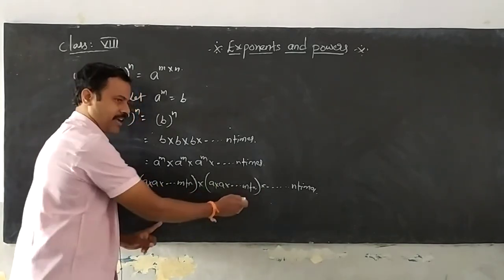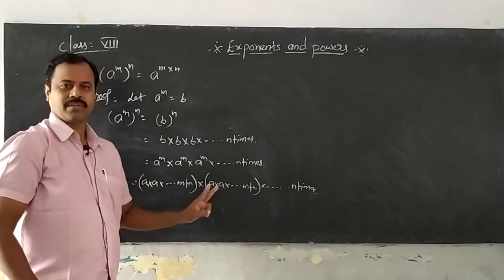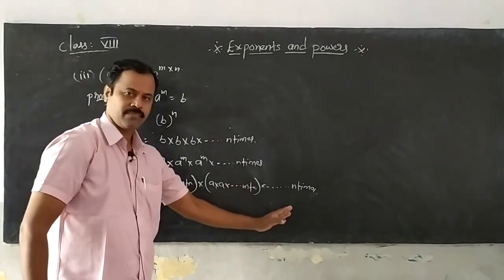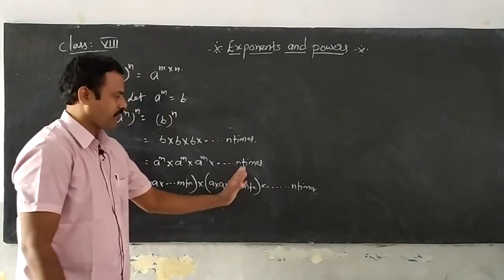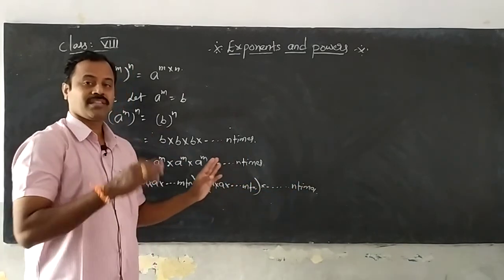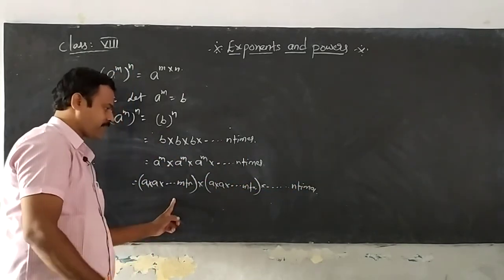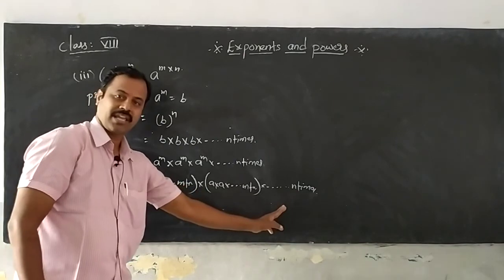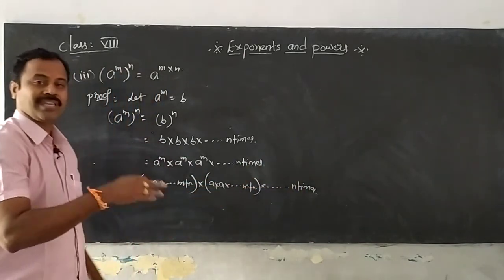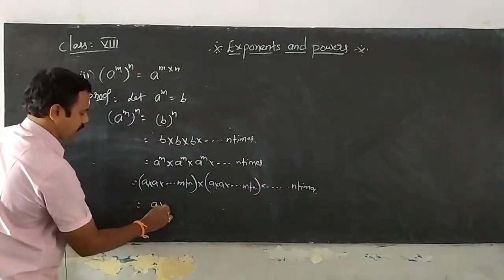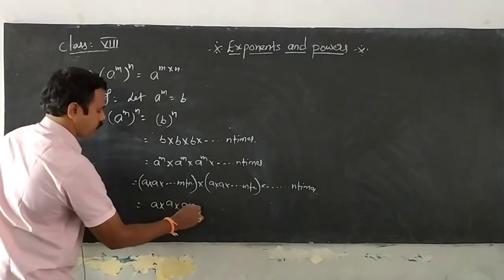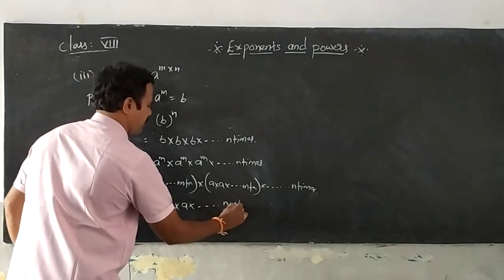So how many a's do I have? m plus m, 2m a's. Similarly, if I write one more m, 3m a's. So if I go for n times, 1m, 2m, 3m, so you have n times, so nm. So you write it as a into a so on nm times.